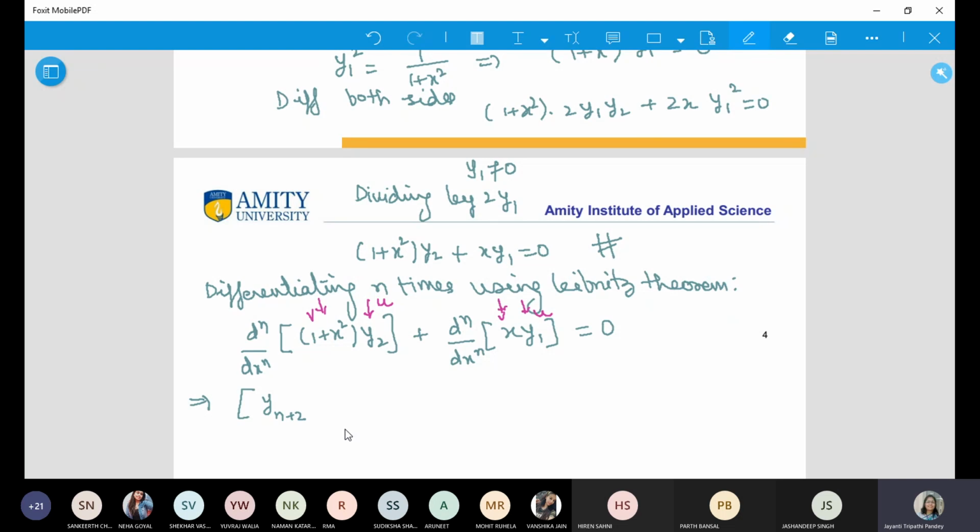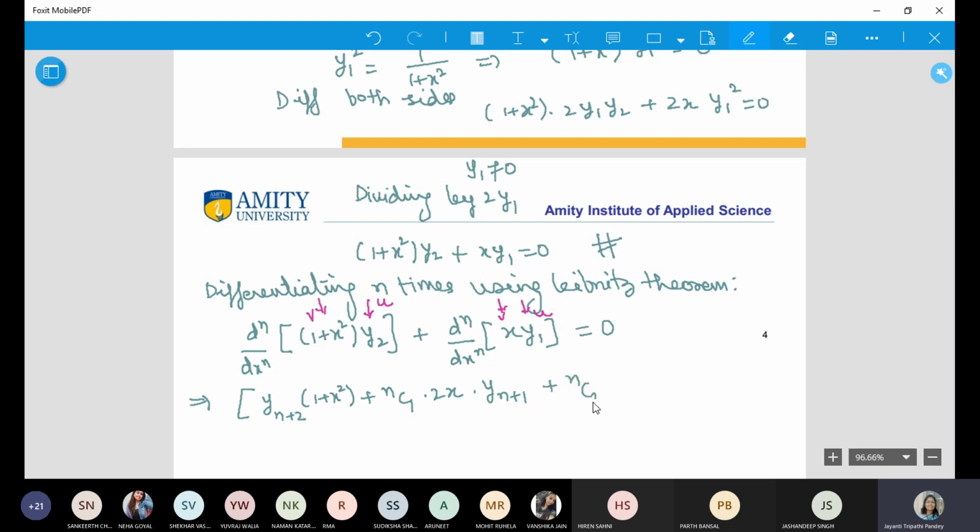I'm waiting. Yes, ma'am. So this is first term. Then second term will be nc1 into 2x, this derivative, into n minus 1th derivative. This is n, this is n minus 1.